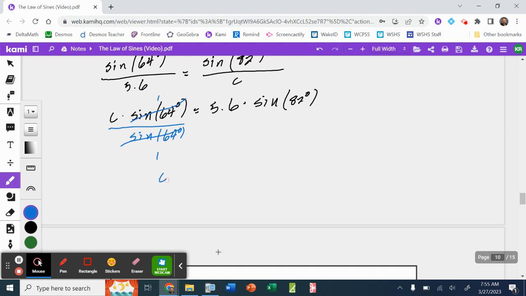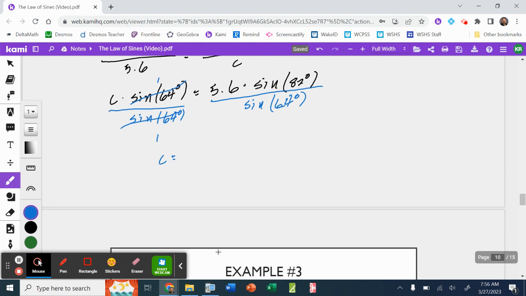And that's just going to leave us with C. But what I do to the left-hand side, I have to do to the right-hand side. So I also need to divide this by sine of 64 degrees to maintain equivalency. So now I've got 5.6 times the sine of 82 degrees, divided by the sine of 64 degrees.